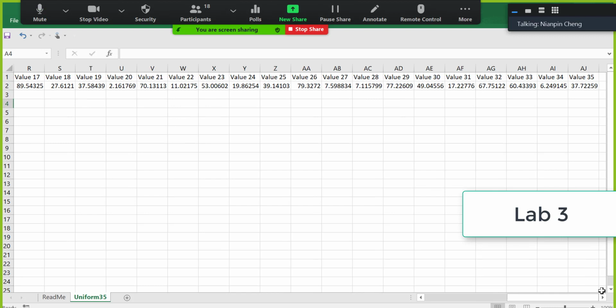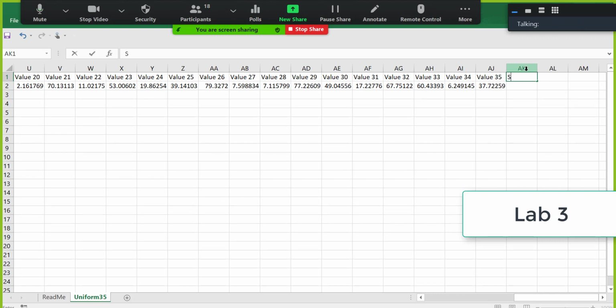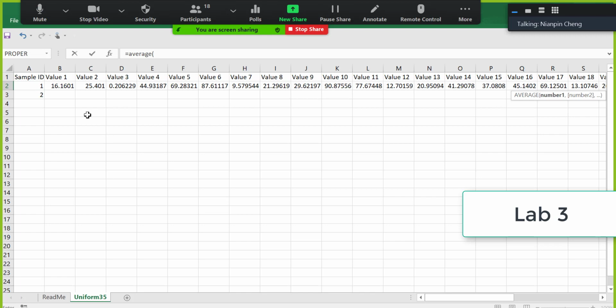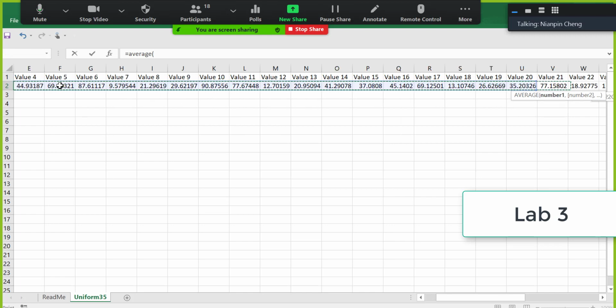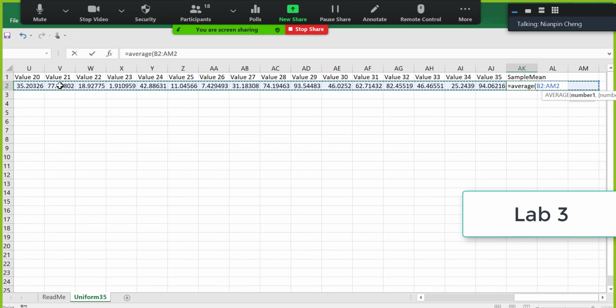So here, we will have a statistic. The statistic is the sample mean, just the average from this one, and with shift you can go down to 35 of them.